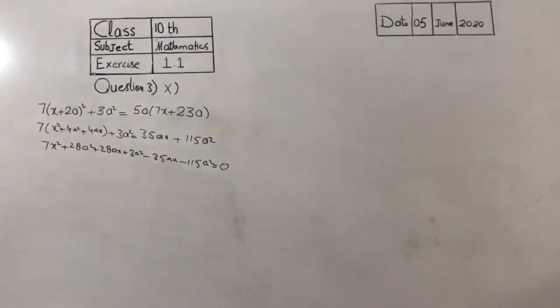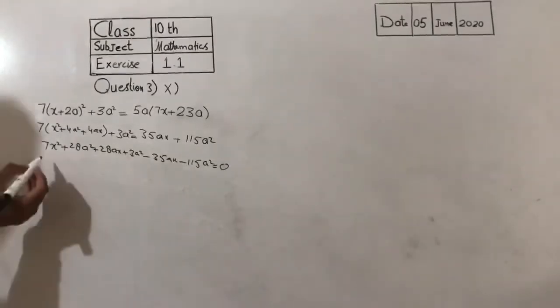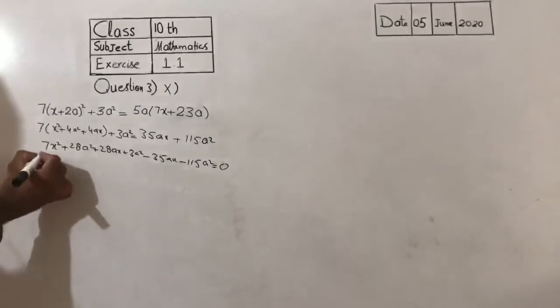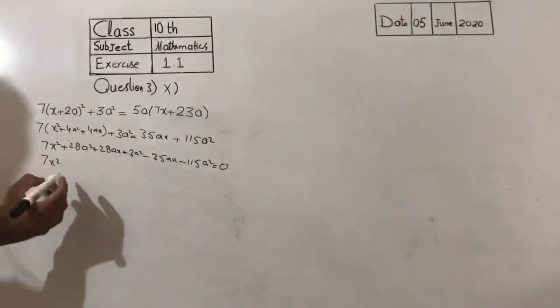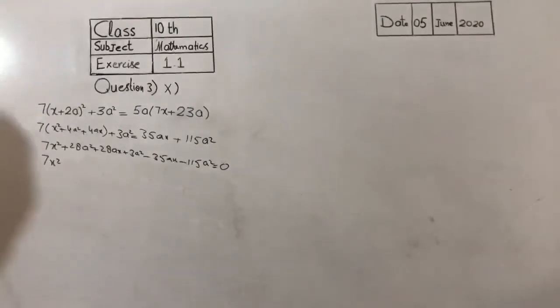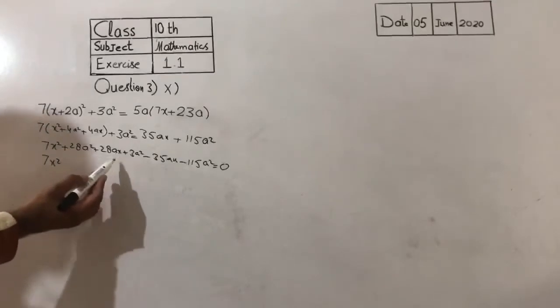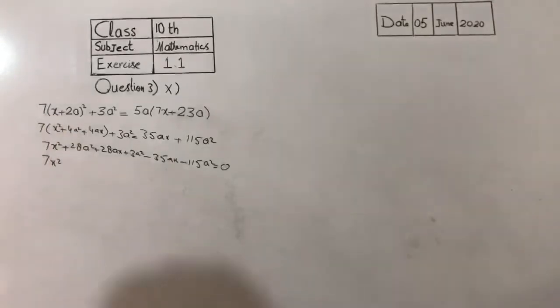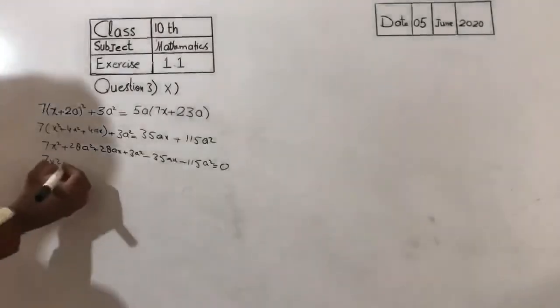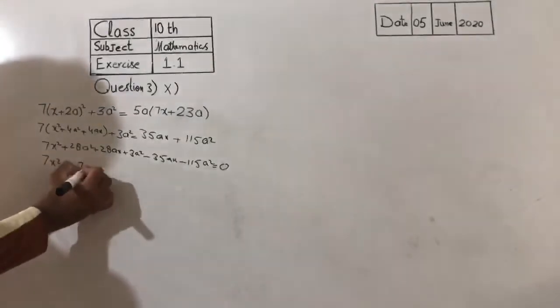Now I add up or subtract like terms. You can see 7x square is a single term, so I write here 7x square, and then I write x term, that is 28ax and minus 35ax. When we add up or subtract, we get minus 7ax.